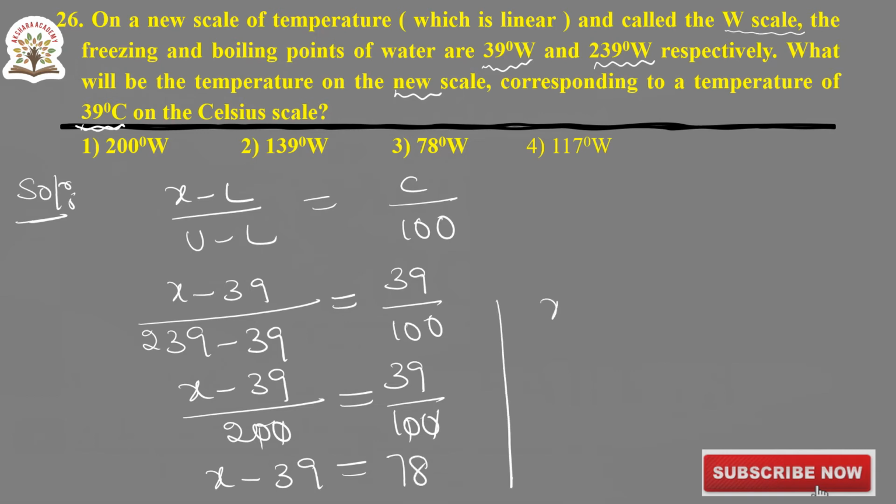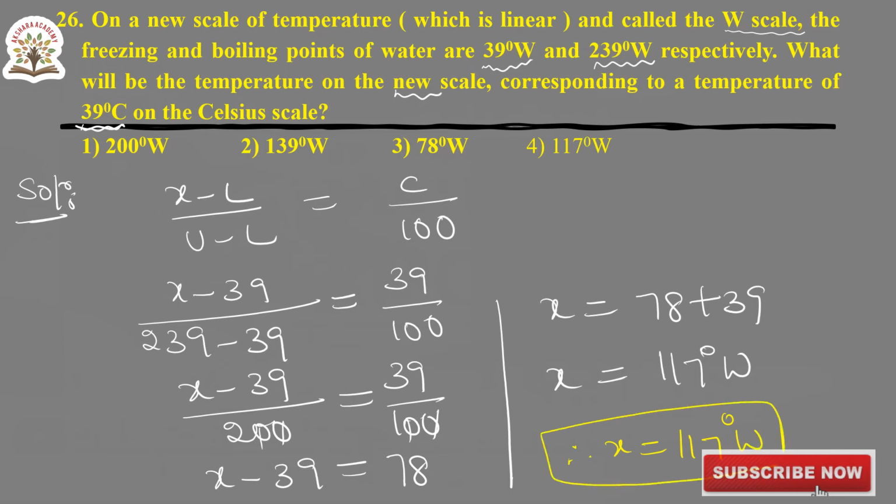So X is equal to 78 plus 39, 117 degrees W. So therefore the temperature on the new scale, that is X, is equal to 117 degrees W. This is the final answer corresponding to the temperature of 39 degrees centigrade on the Celsius scale.